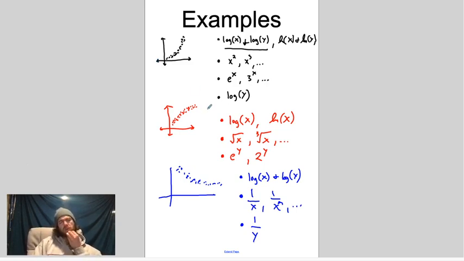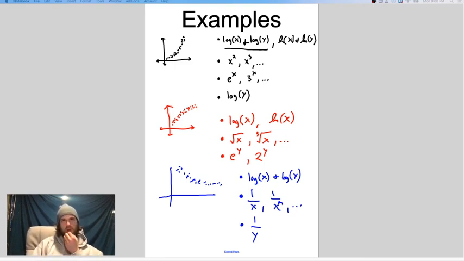So it's important to note here that with this strategy, we're not forcing a model to fit the data. We're manipulating the data, and there's a difference. Like if you go to Desmos, or if you go to Excel and force a quadratic to fit your data, you're not doing what we're doing.